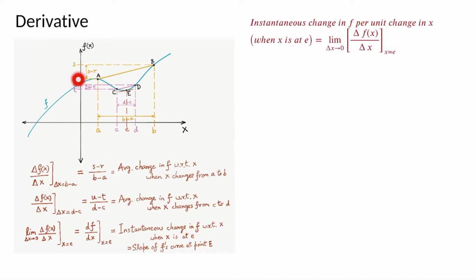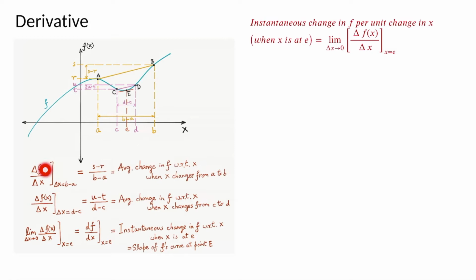It represents the value that the function takes at x equal to small a, and capital B represents the point on the curve, and that is the value that the function takes, this value s here, when x equals b. And let us look at what is this delta f by delta x as x changes from a to b, and that is nothing but the slope of this secant.